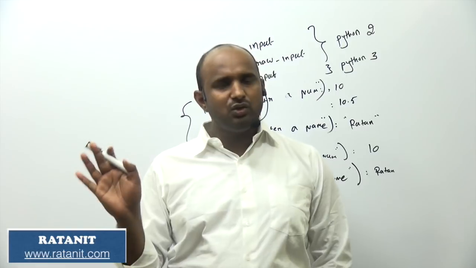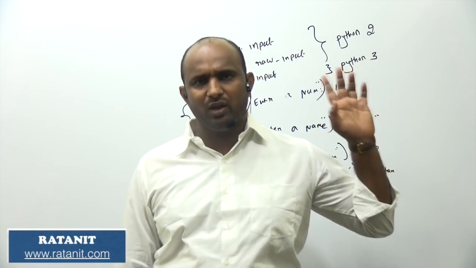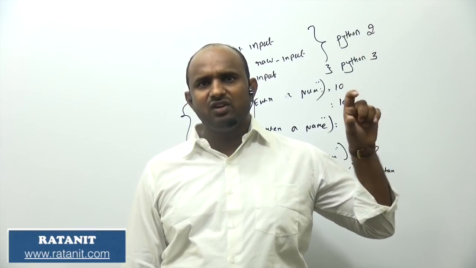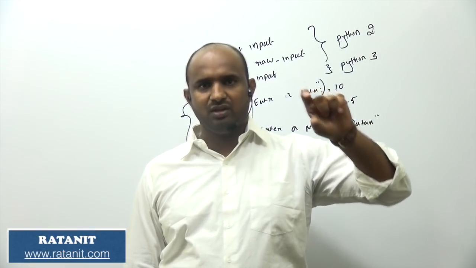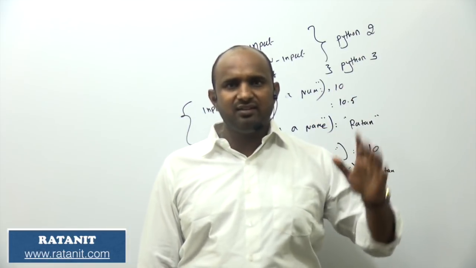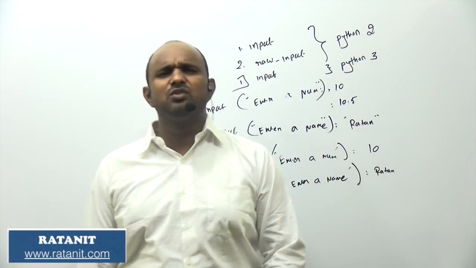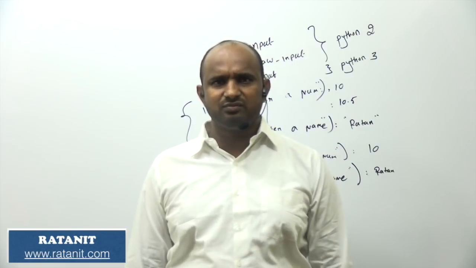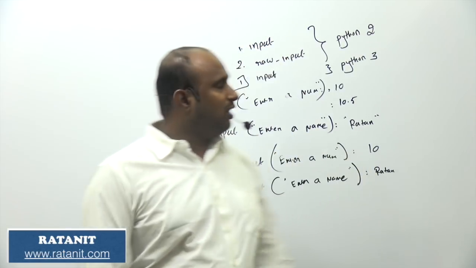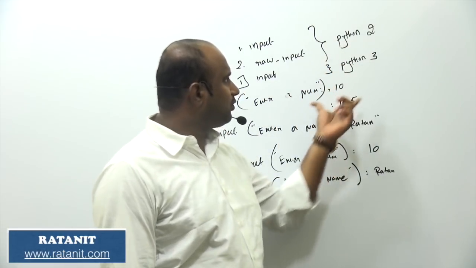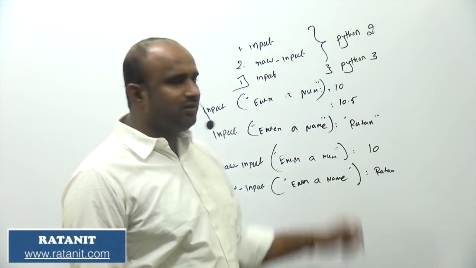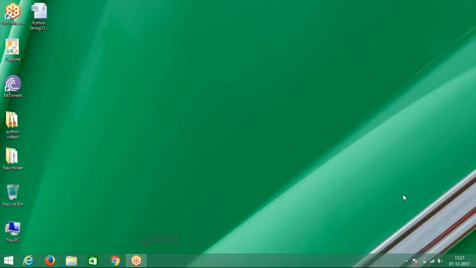But in Python 3, we have only one approach, the input function. It takes input just like a raw input, in string format. That is how to take the input in Python 2 and Python 3. Based on these two functions, I'll give some practical things.